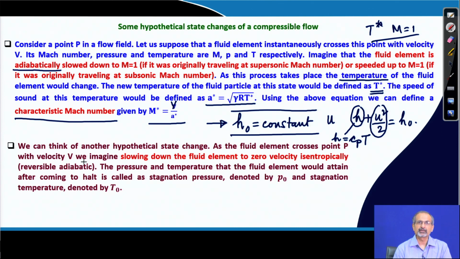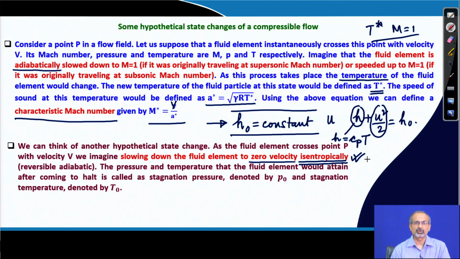We can think of another hypothetical state change where the fluid element crosses the same point P with the same velocity V, but this time we imagine that we are slowing down the fluid element, irrespective of what velocity it has, to zero velocity, not just adiabatically, but reversibly adiabatically, which is called isentropic.